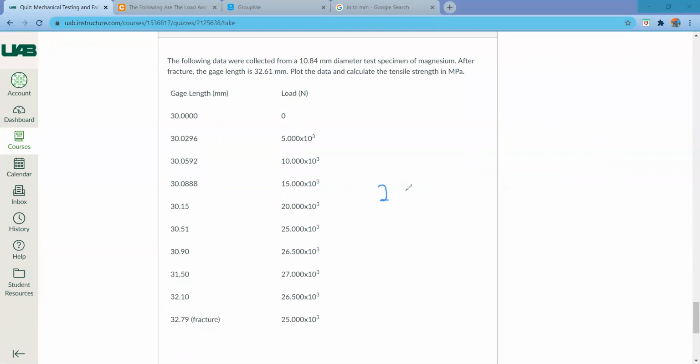This is going to be 27 e to the 3 times 4 divided by pi times 10.84 squared. And this is our stress to find our tensile strength.